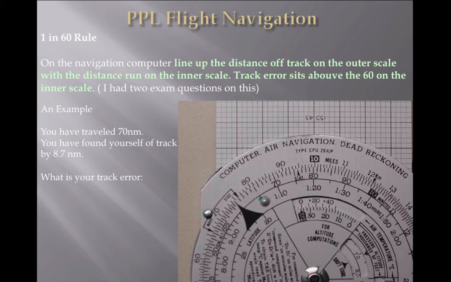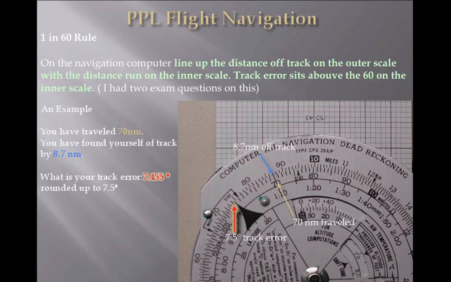On the navigation computer, line up the distance off track on the outer scale with the distance run on the inner scale, and the track error sits above the 60 mark, or that big pointer that you can see on the left. So if you travelled 70 nautical miles and you have found yourself off track by 8.7 nautical miles, what is your track error?